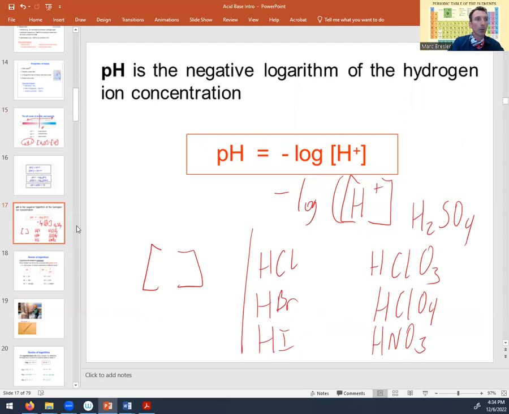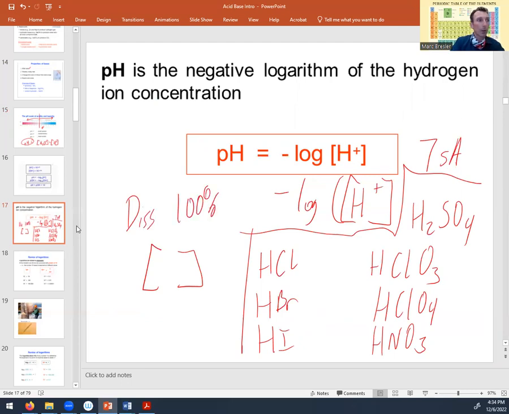So there's 7 strong acids. These all dissociate 100%. So if you know the concentration of HCl, then that equals the concentration of H plus. Unless it's a weak acid, these are going to be equal to each other directly.